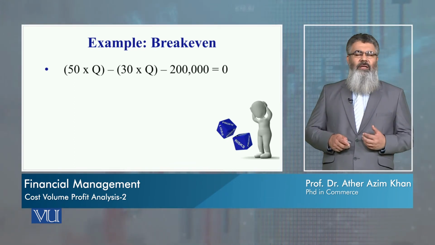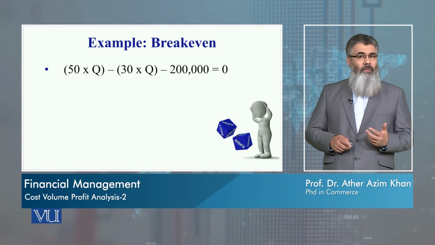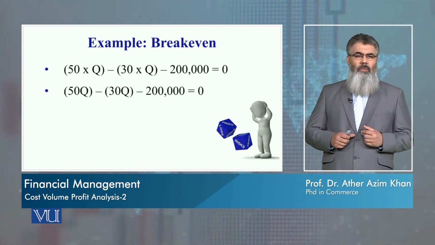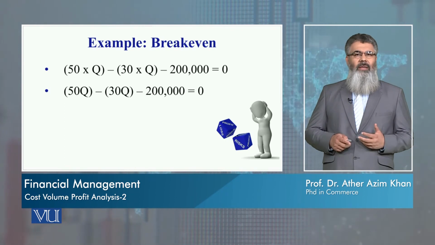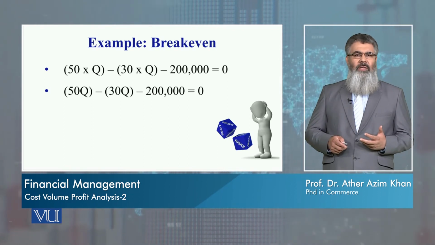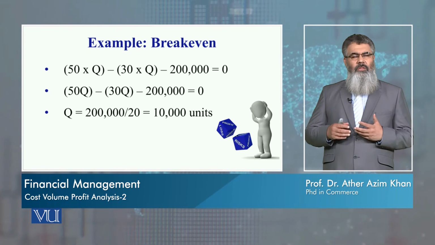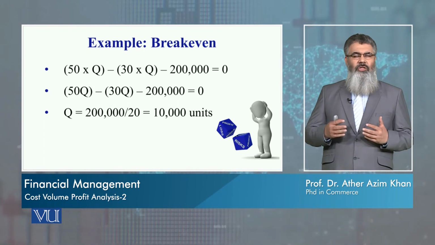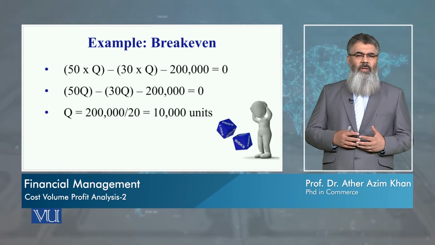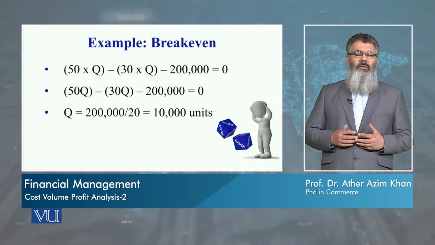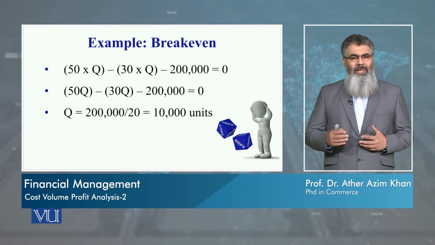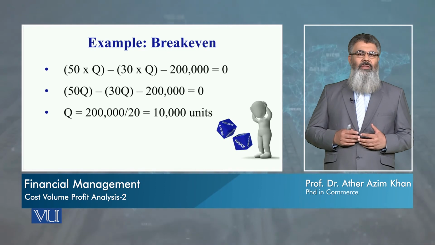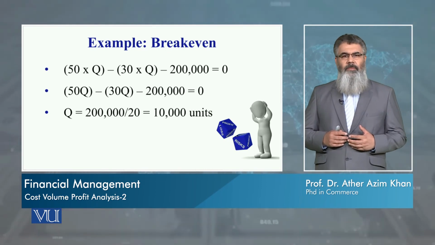And if we calculate the quantity, the value of Q, let's see how does it work. So 50Q minus 30Q minus 200,000 is 0. We'll take 200,000 on the other side, subtract 30 out of 50, which is 20, divide 200,000 by 20, and we get a value which is 10,000 units.